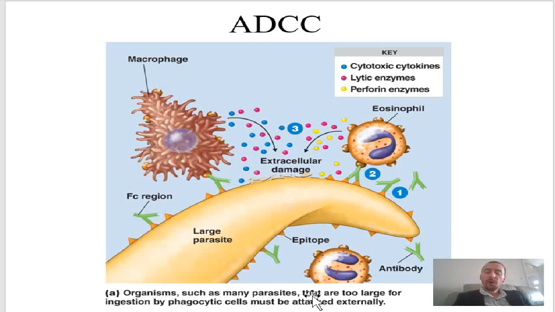And then once they're bound, if they then bind to a parasitic antigen, as seen here, as soon as the antibody binds to the parasite, it causes the release of lytic enzymes to destroy the parasite.